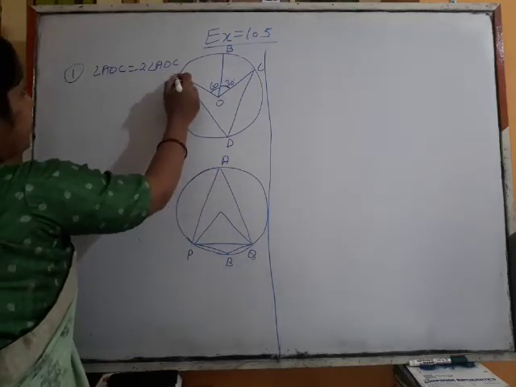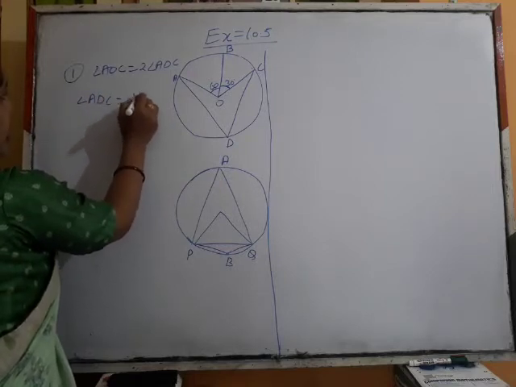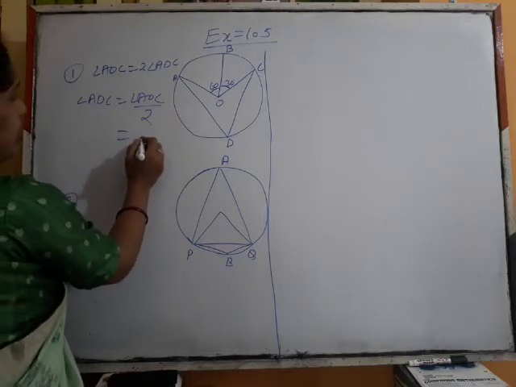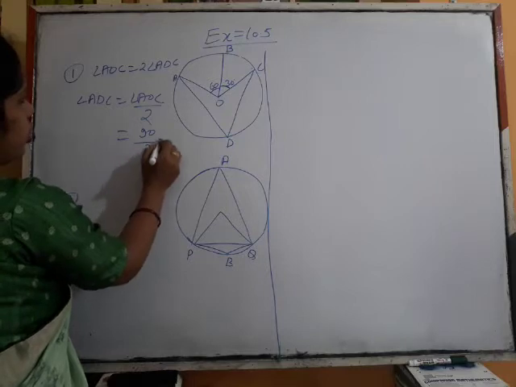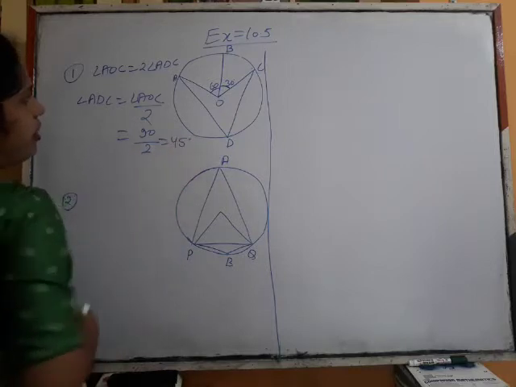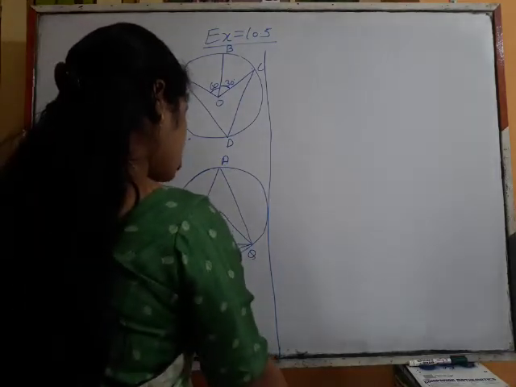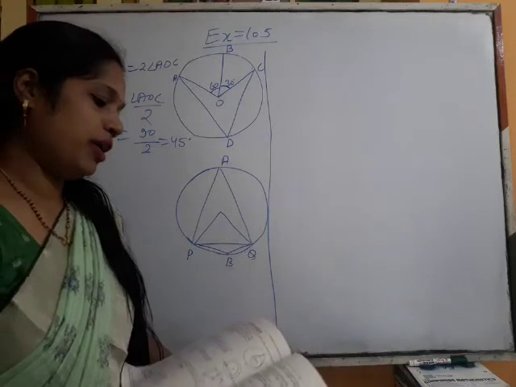According to that, angle ADC is AOC upon 2. So AOC is 90, and 90 upon 2 is 45 degrees. Okay.